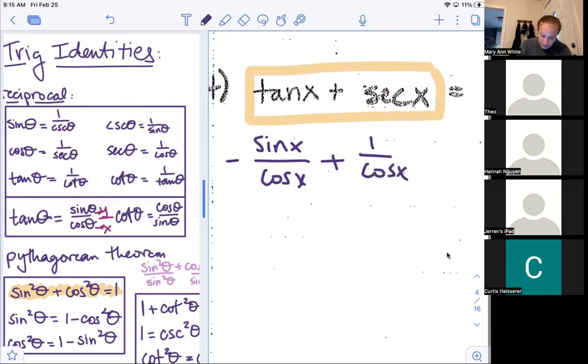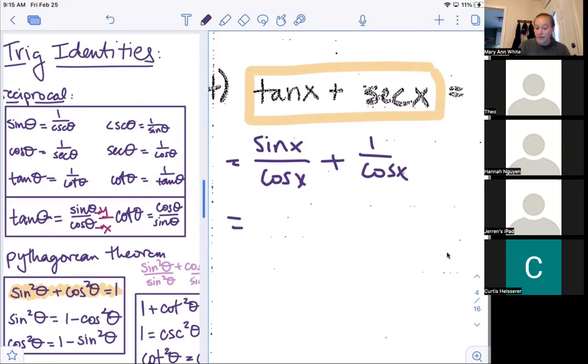All right, what next? Would it be sine x over cosine squared x? It would not be over cosine squared. So you're acting like we're going to multiply them together.